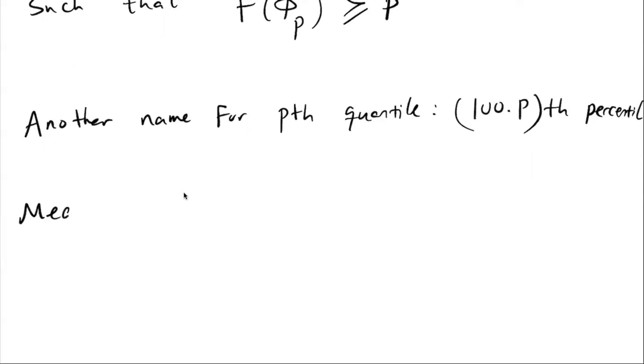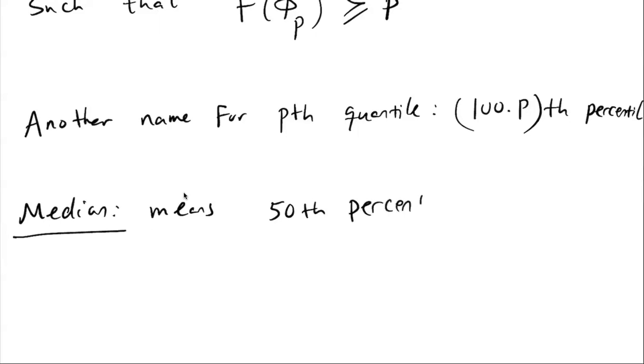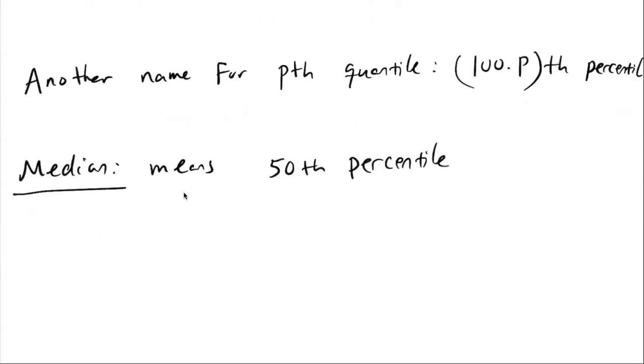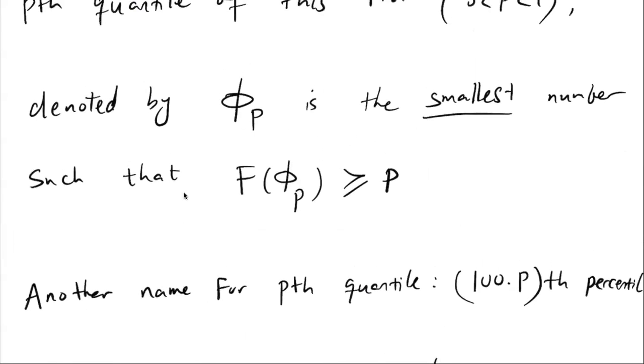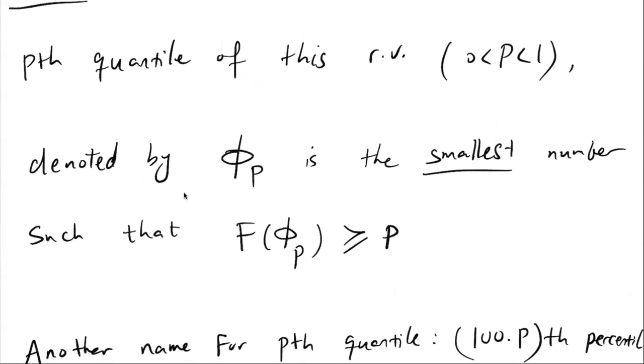And median means 50th percentile, or phi sub 0.5. So this is how we define phi sub p.